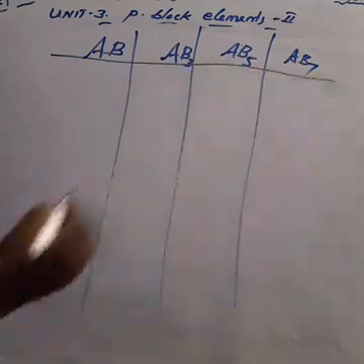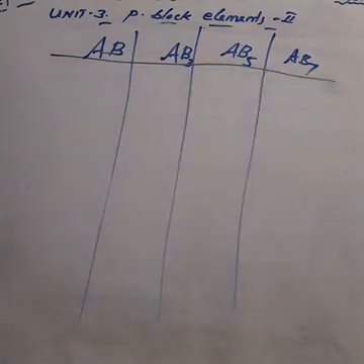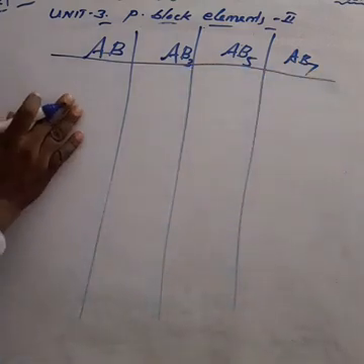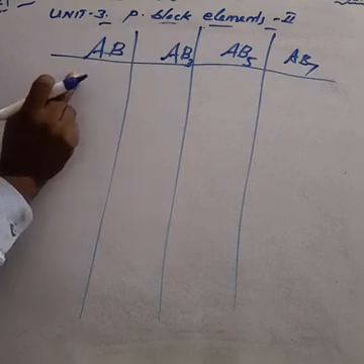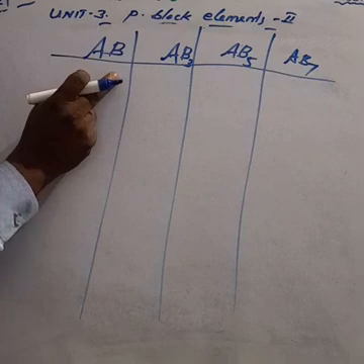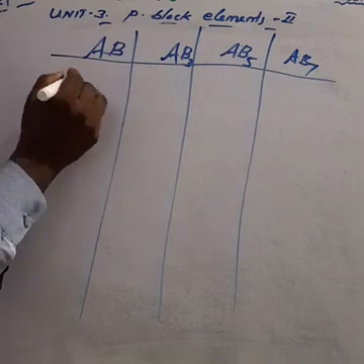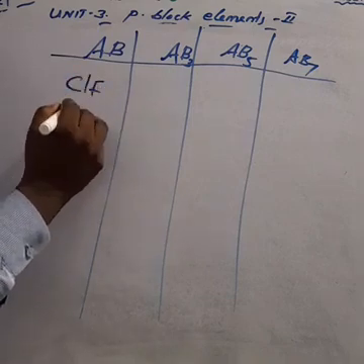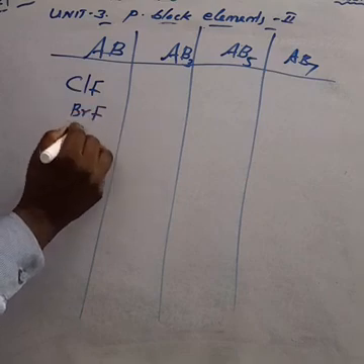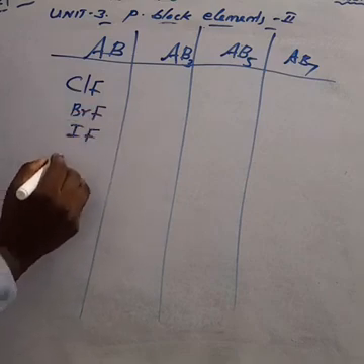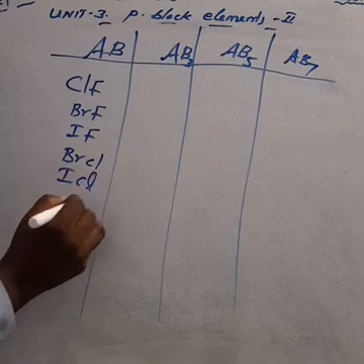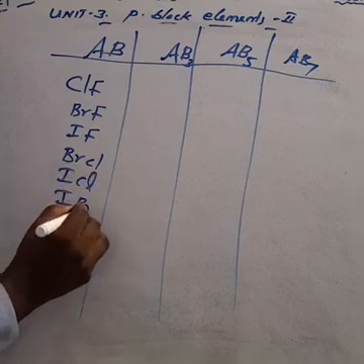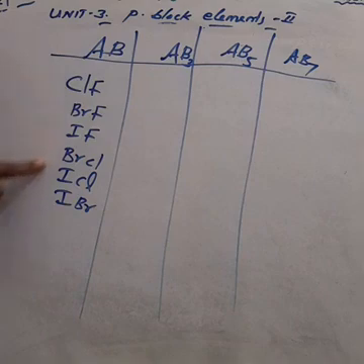AB means A has a single atom and B also has a single atom. For example, ClF, BrF, IF, BrCl, ICl, IBr. These are all single atoms, am I right? This we call AB.